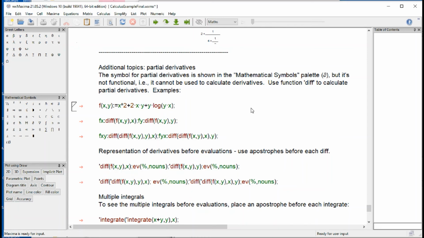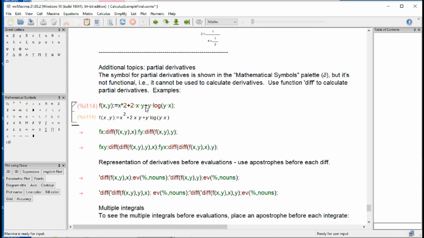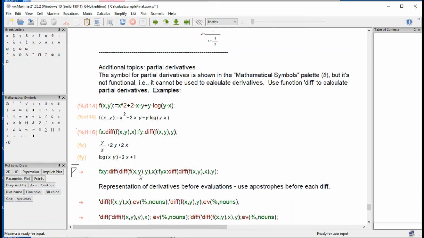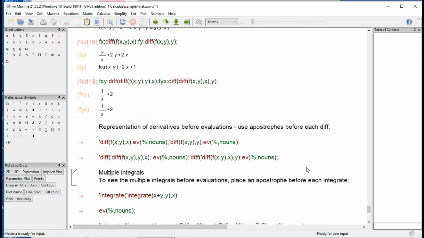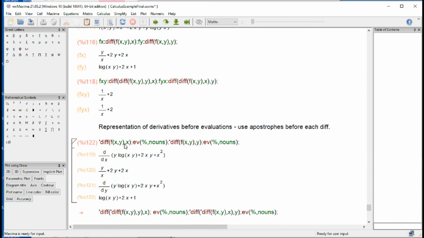Partial derivatives. There is a symbol of partial derivatives here, but it's non-functional. If you define a function of two variables using the colon equal, you just need to use the diff function to find those corresponding partial derivatives. There's no special partial derivative symbol. And when you use the apostrophe, you get the total derivative, even if the functions in here are of two variables.